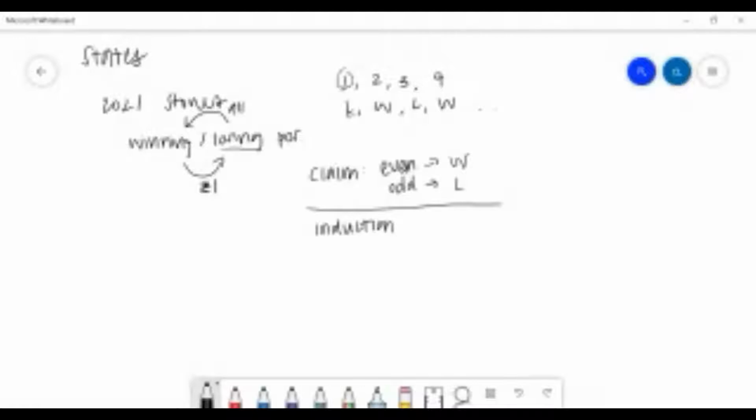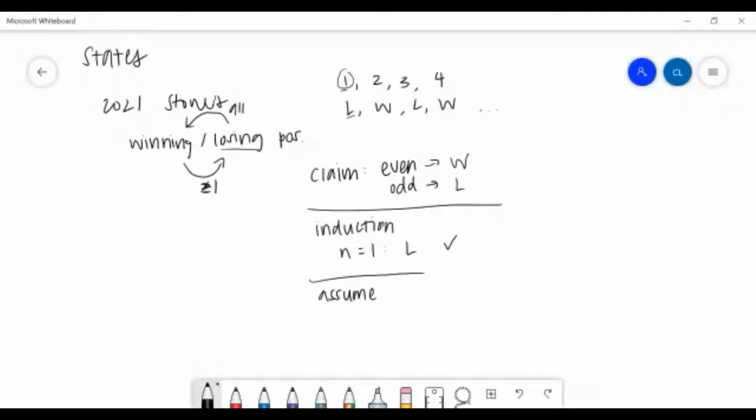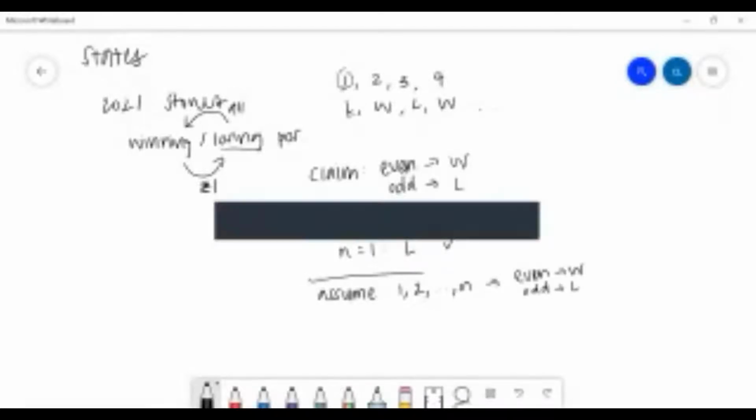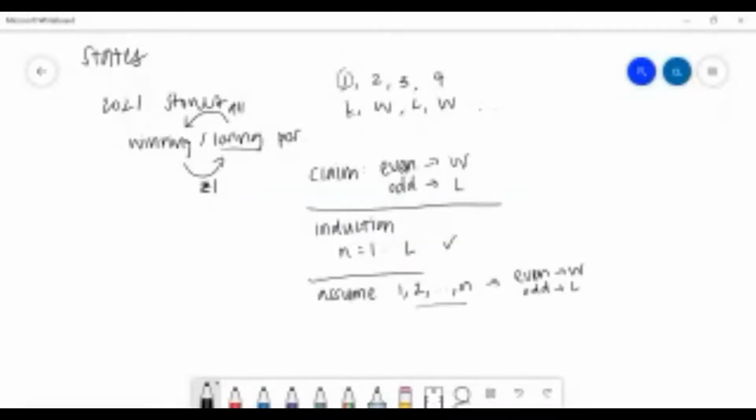We've already said it's a losing position, so that satisfies the claim. And for the inductive step, we assume that for all numbers from 1 through n, it satisfies the claim. Then we show n plus 1 satisfies the claim.